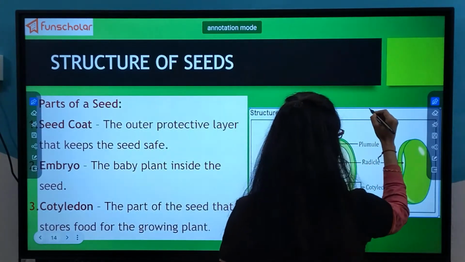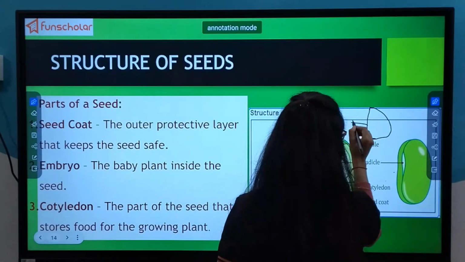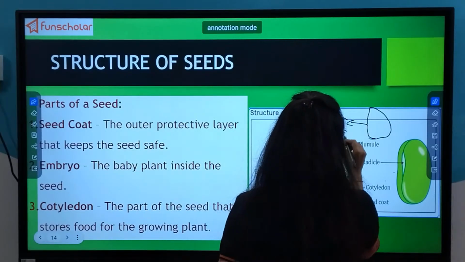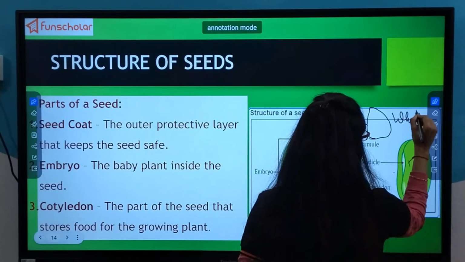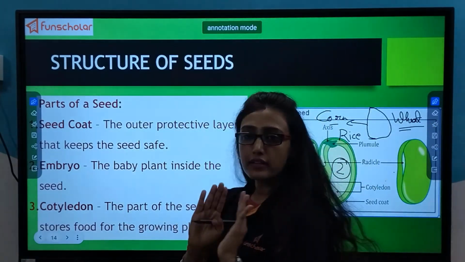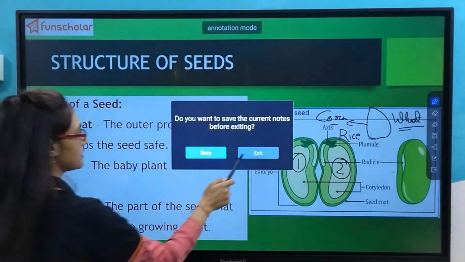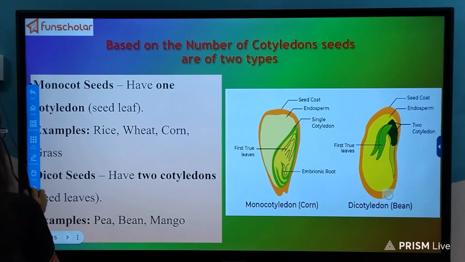But there are some plants which have only one cotyledon. Best examples are corn, rice, wheat. They have only one cotyledon. Okay. Now let's proceed. What is the story of these cotyledons?